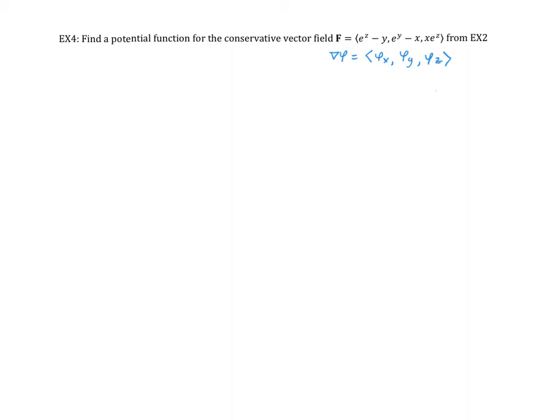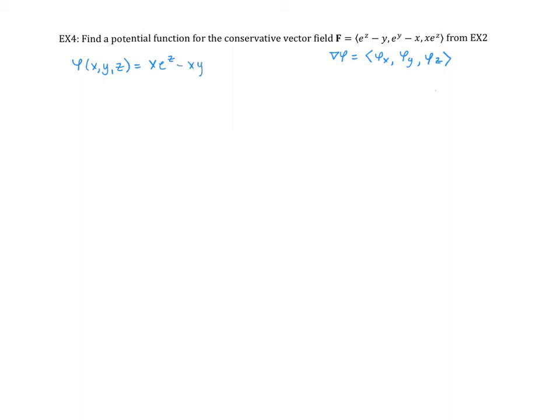If I integrate the first component, e to the z minus y, with respect to x, then that should be my phi. So phi of x, y, z: integrate the first component with respect to x, it's x e to the z minus xy, and I'm going to leave off the constant.